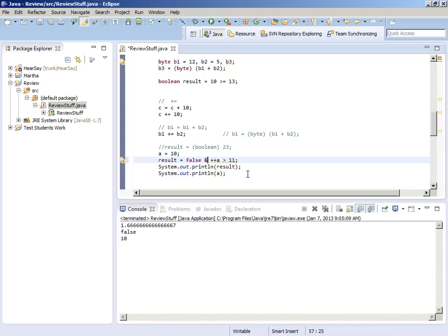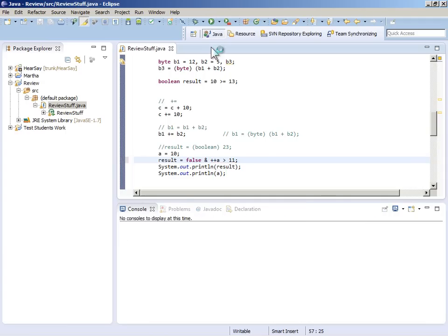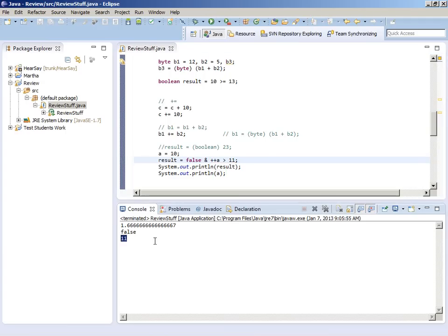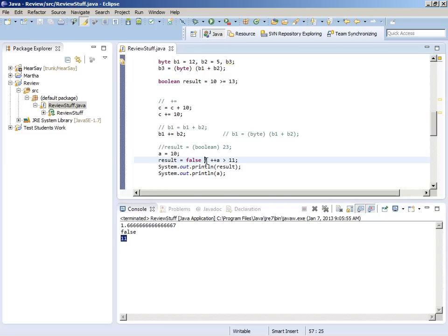The difference between the two-keystroke operator and the one-keystroke operator is that with this operator, the single ampersand, we will evaluate the right-hand side, including the side effects. The side effects are things that change while evaluating the veracity or the truthiness of this expression. So the single ampersand will evaluate both sides all the time. The double ampersand evaluates the right-hand side only when it has to.